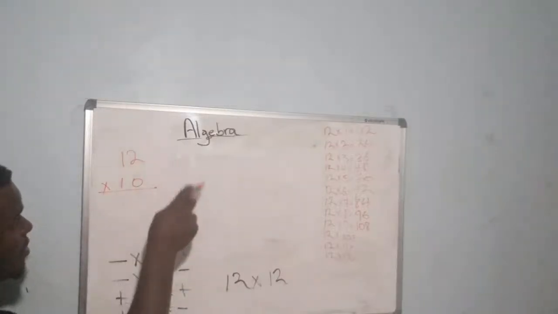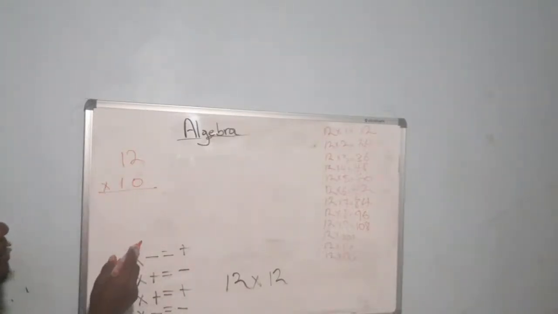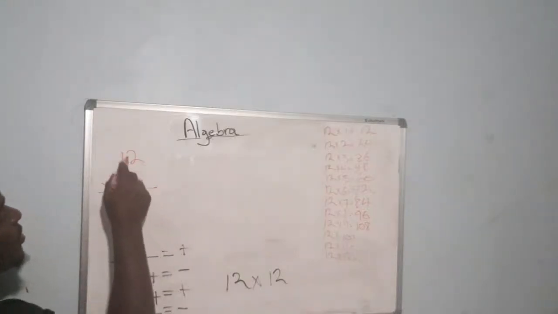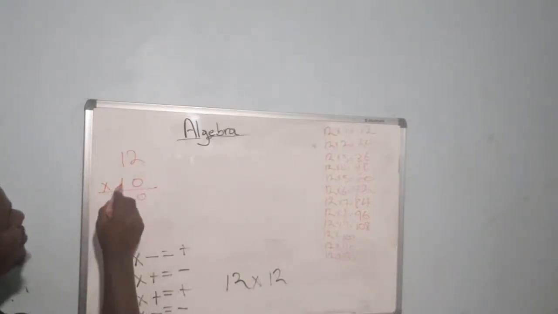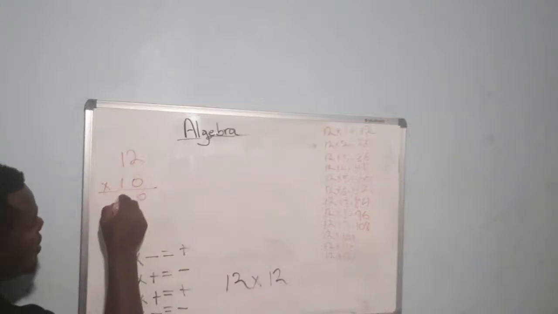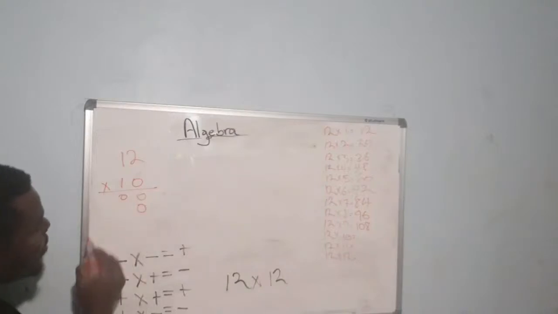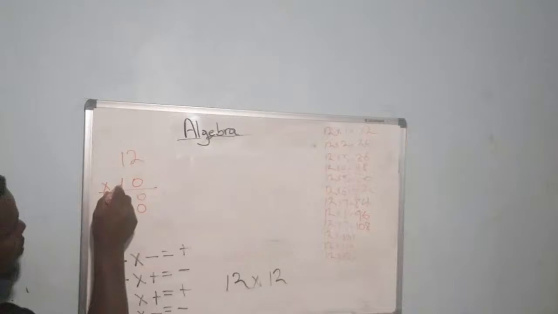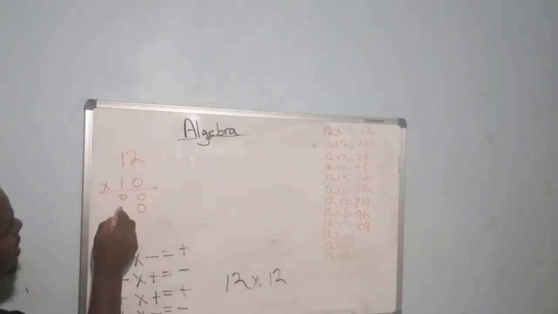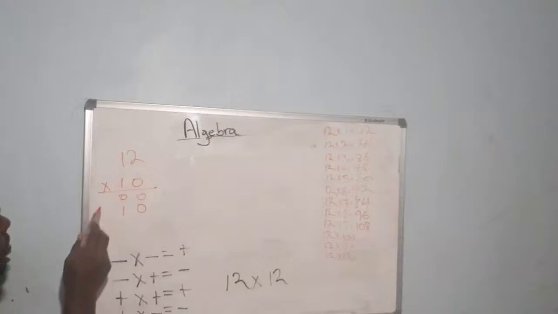Alright, so now, remember, as I said before, please always use your columns. 0 times 2, remember, anything you multiply by 0, you will eventually get back 0. So 0 times 2 is 0. 0 times 1 is 0. So now you're going to use the 1, so you still need a placeholder. So you add a 0 for that placeholder. And you multiply 1 times 2 is 2.